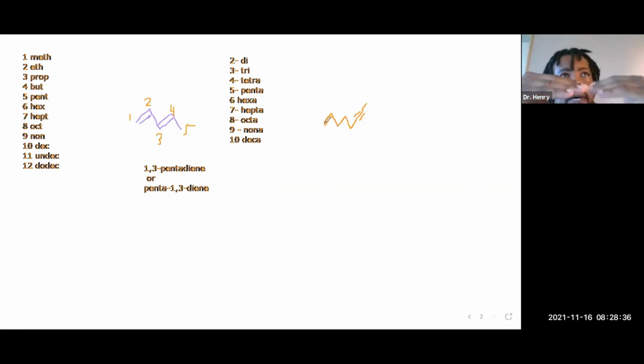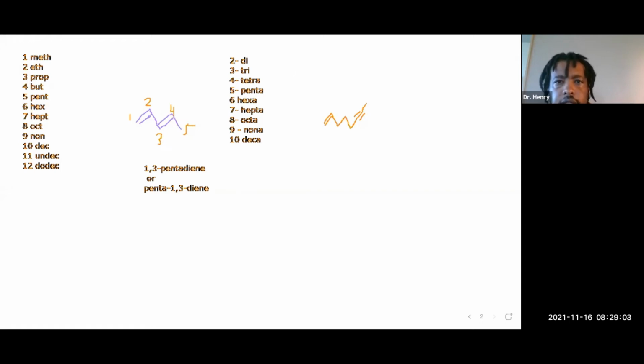So the double bond has priority because it's more common than the triple bond. If we look at everything, single bond has the lowest priority, triple bond has second priority, and then the double bond has the highest priority. And when we do nomenclature, it's based upon priority, right? Who's the most important? So the double bond is more important, so it's going to get the last name.